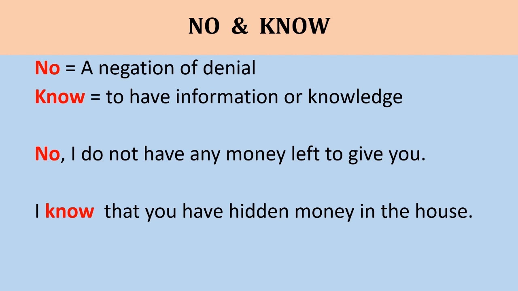Let us see the sentences which we can make with them. N-O, no, let us start. No, I do not have any money left to give you. Next, I know that you have hidden money in the house. There it is, K-N-O-W.